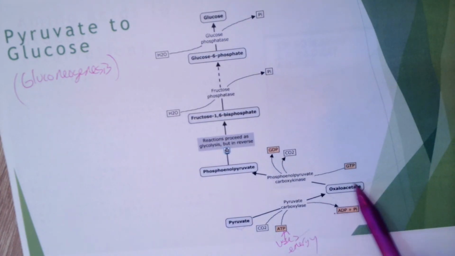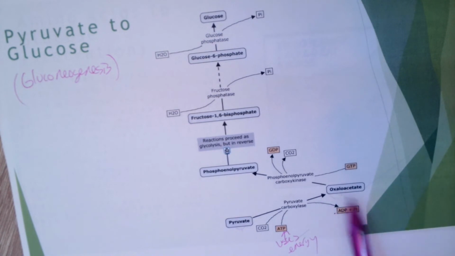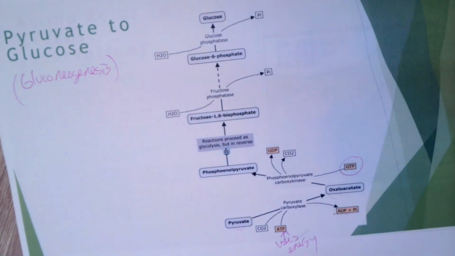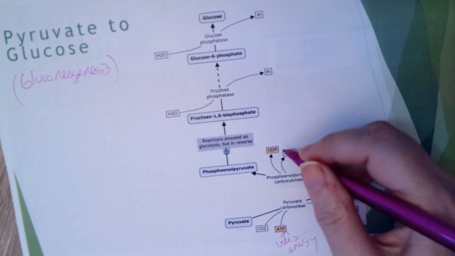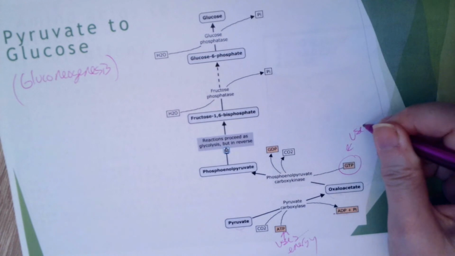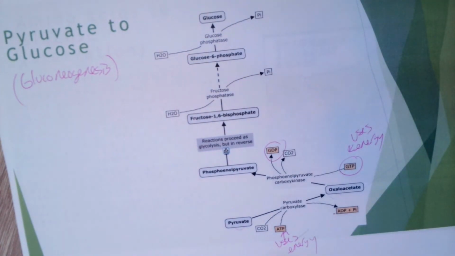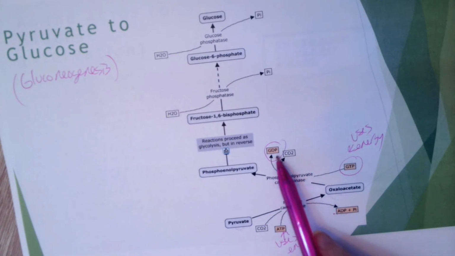That gives us oxaloacetate. It's also part of like the last step of the Krebs cycle. We're going to use some more energy here in the form of GTP. So we're breaking GTP. So that is where we use energy. And we get GDP, which can accept a phosphate in other processes, right?